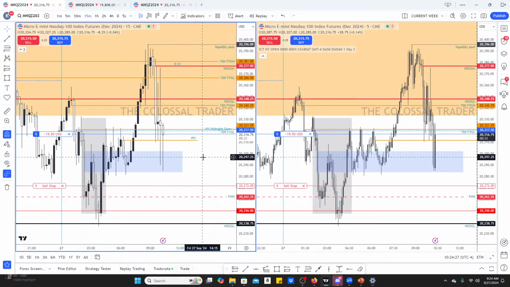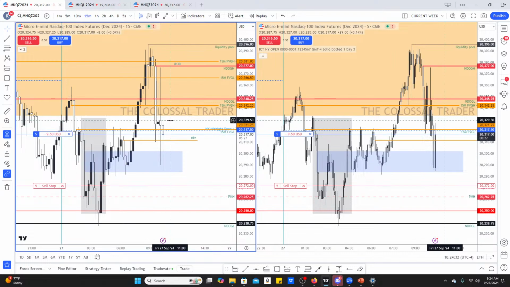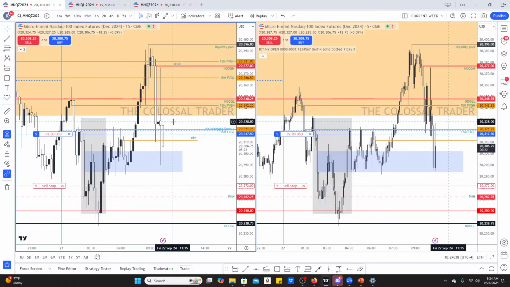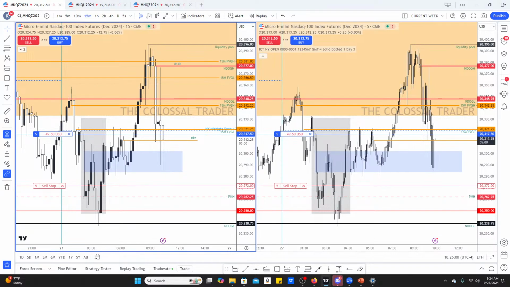So one, want to see this 15-minute candle close again inside this fair value gap here. That's ideally what we want to see. That's what I'm gonna do.